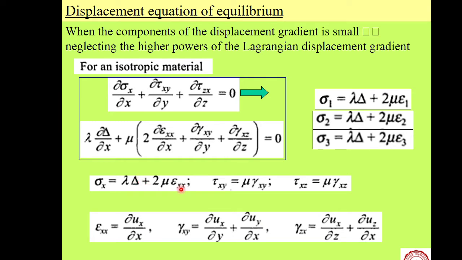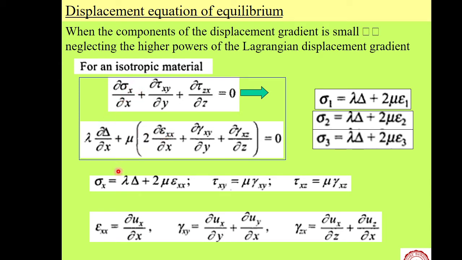So what we will do now? First, in the equation of equilibrium, let us replace the stress components by strain components. So this tau xy, tau zx, they are simply G into gamma xy and gamma xz. G is equal to mu. This is clear. Where is this coming from?